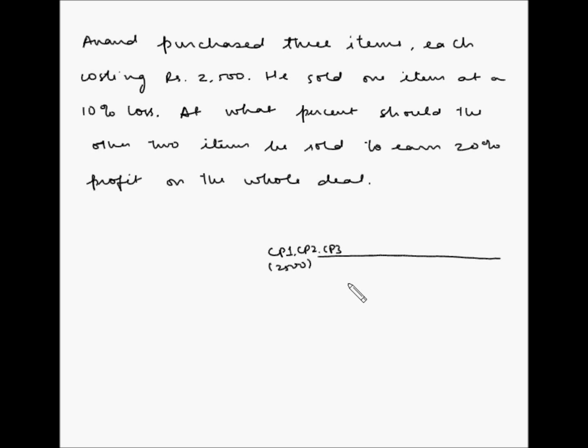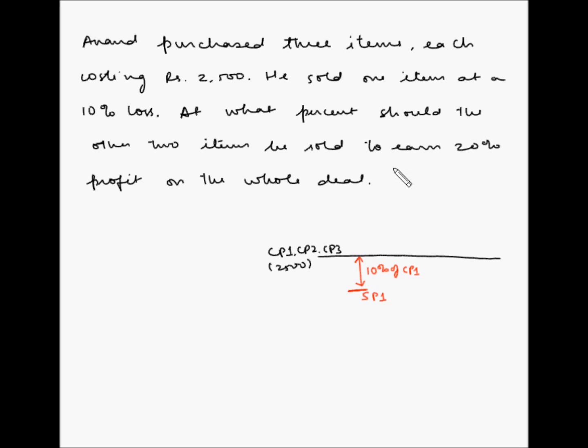Now loss means that we bought for more and sold for less. So the selling price is somewhere here. So this is SP1 and this loss is 10% of CP1.